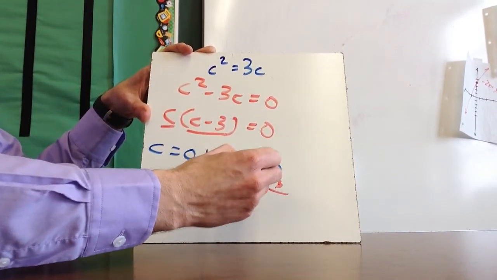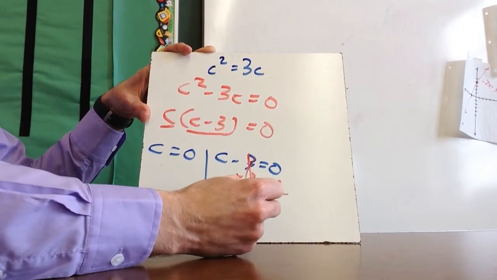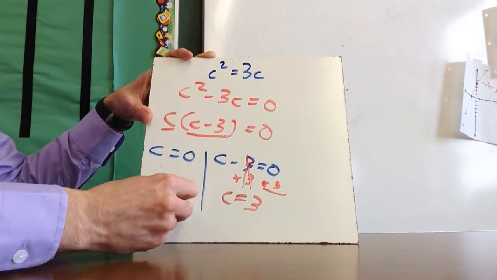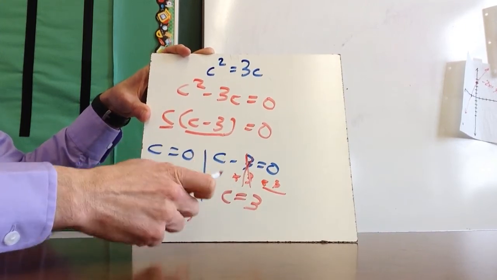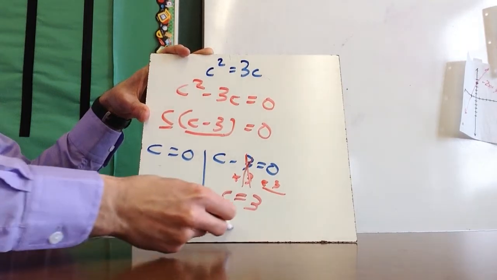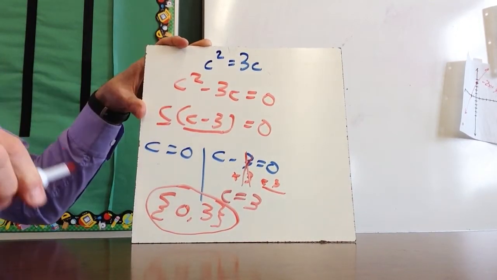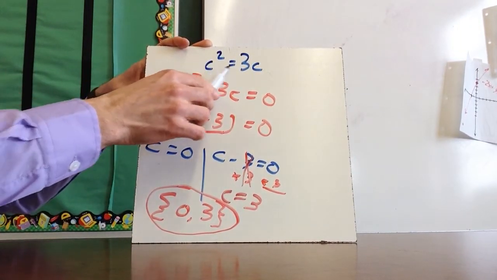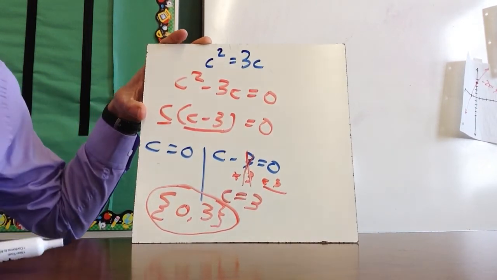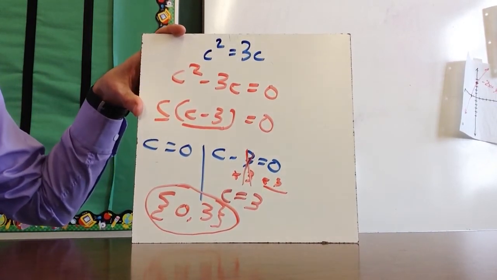I'm going to add 3 to both sides, and I get c equals 3. So my answer here, remember it's a fancy set of parentheses because it's a set of numbers, is 0 and 3 are the only two numbers that will make this statement true. And if you put a 0 in for c, this statement is true. If you put a 3 in for c, the statement is true. Any other number will not make this statement true.